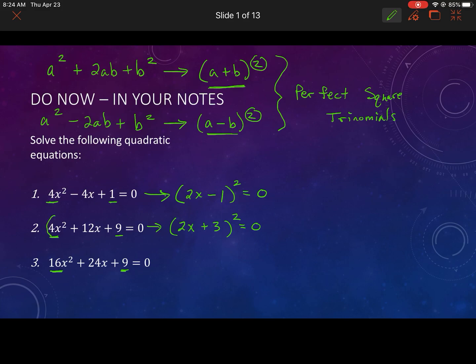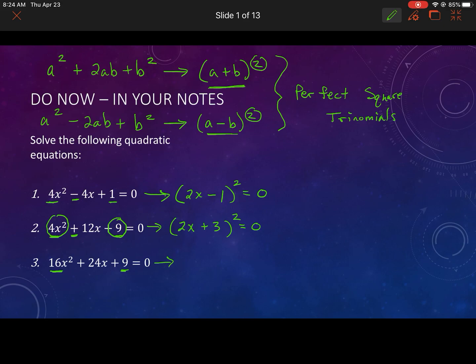Because we're looking at this first term and the third term, and then we're also paying attention to the sign that's in between the first and second. Okay, that's just the pattern. If you did it the long way and did a times c and then found the factors of that product that added up to the middle b term, that's fine. It's just a much longer way to go about this.